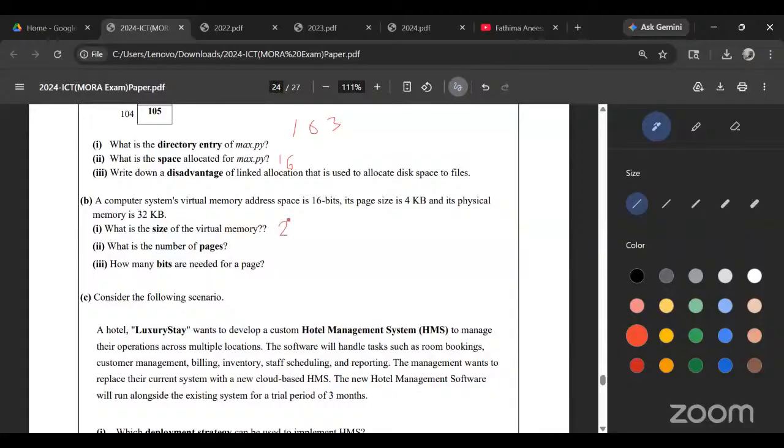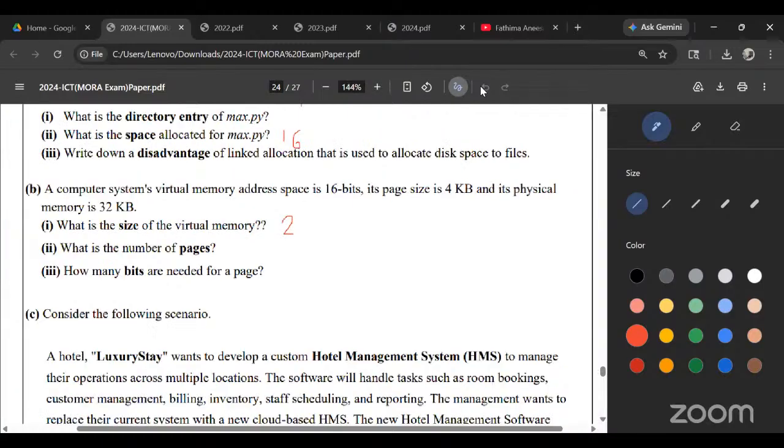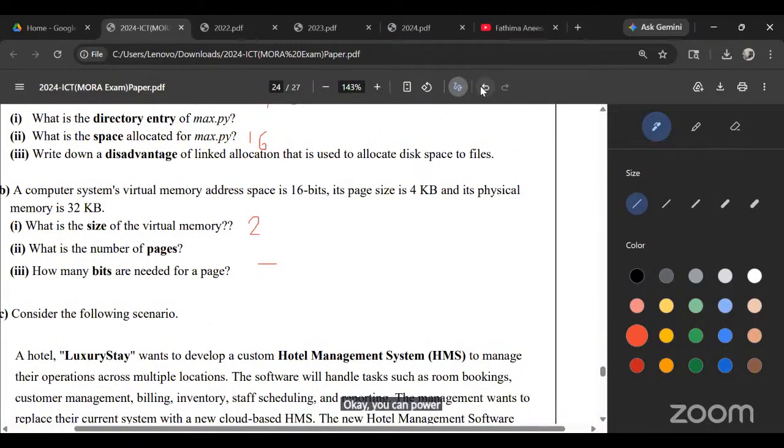So 2 to the power 16, right? 2 to the power 16, how much is it? How many bytes is it? Calculate and say 2 to the power 16. How many bytes?